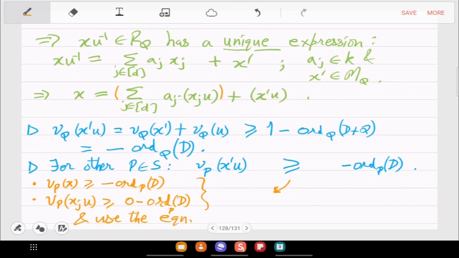Is it clear? So the valuation of x and the valuation of x_j u, all these I can compute for p. So V_p x is at least order of d, and V_p x_j u is at least also minus order of d. So then x prime u is forced to be at least that much by the equation.